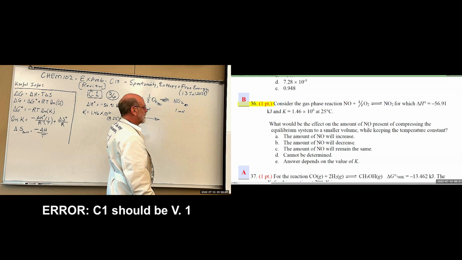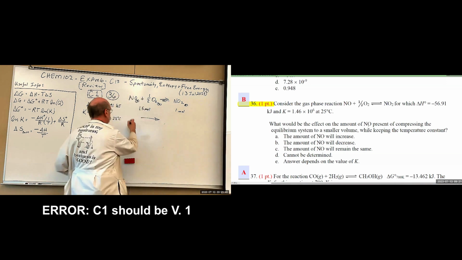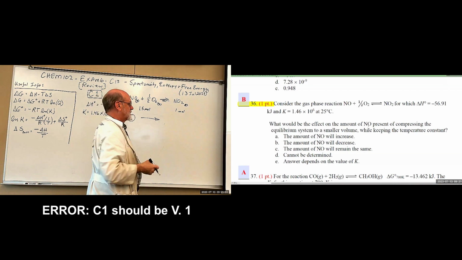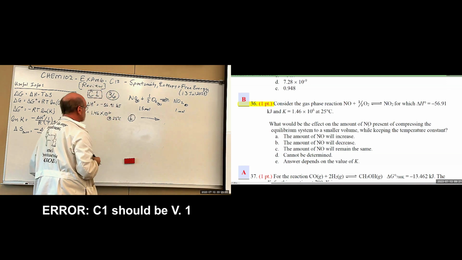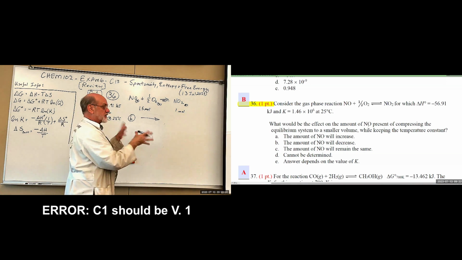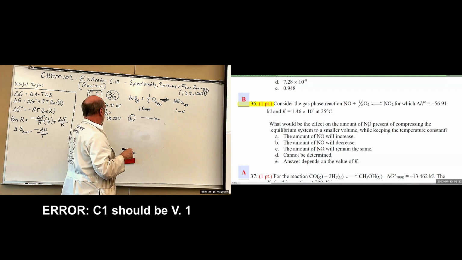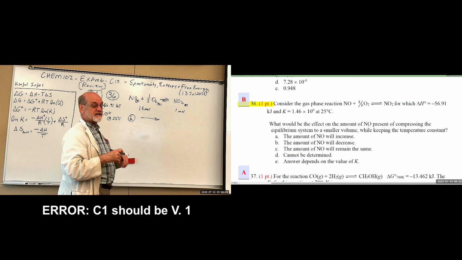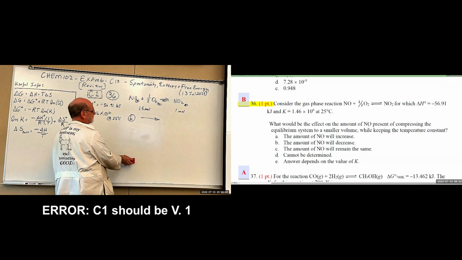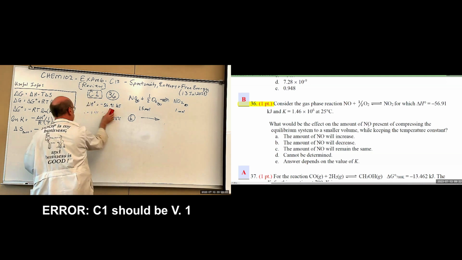Nope. NO will decrease. B. And the answer doesn't depend on K. If it's at equilibrium and we do something to it, it doesn't matter what K is. K is the same no matter what you do to it, except for temperature, of course. Okay, so that was fairly simple.